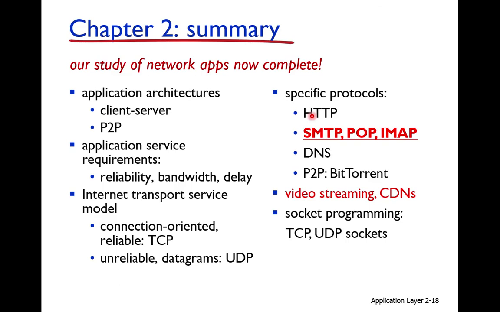To know more detail about HTTP, you should read the HTTP RFC. We also discussed DNS and its working. We also discussed P2P BitTorrent, and we also discussed socket programming.